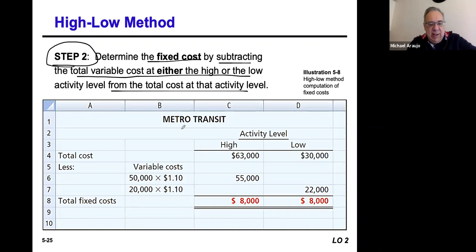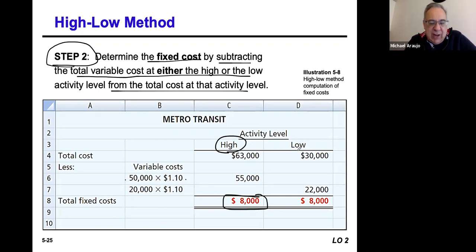So here is the activity level for the high end, which was in April. 63,000 was the total cost on the high end. Now we subtract out our variable costs. We had 50,000 miles in April at $1.10 per mile. That's $55,000. So our total fixed cost would be the difference.